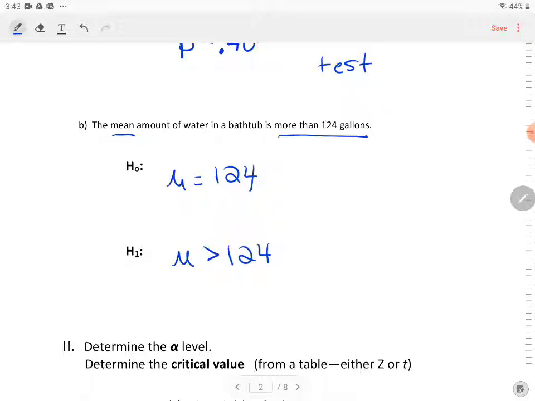Okay, and we will shade and decide which tail it is: right tail, left tail, or two tails. So here's your 124. So greater than 124, because it's a mean or an average, is going to be a right tail test.